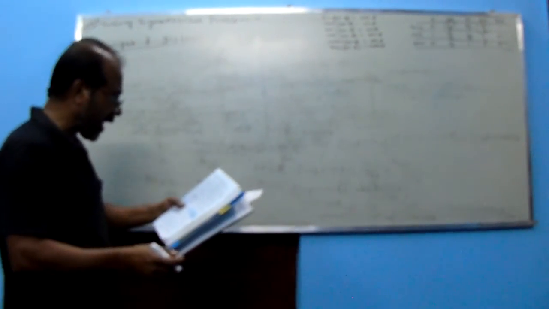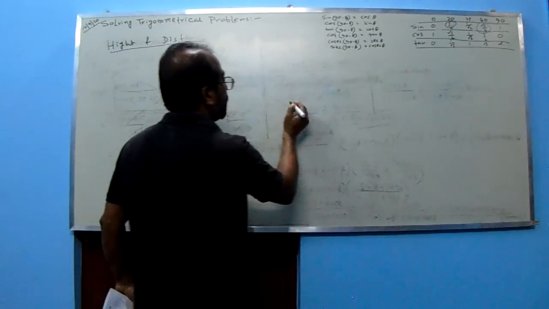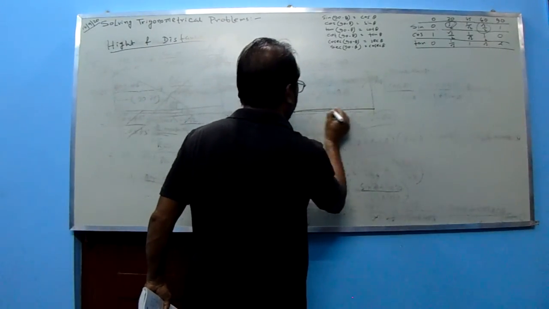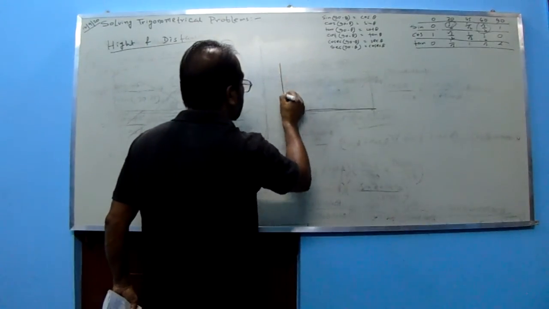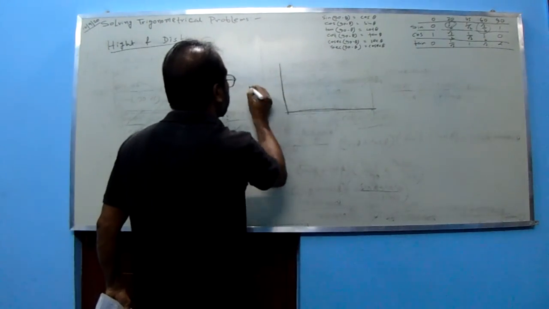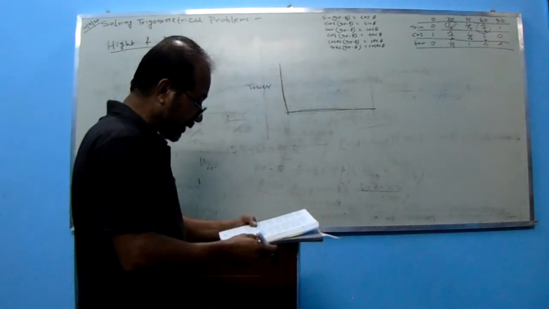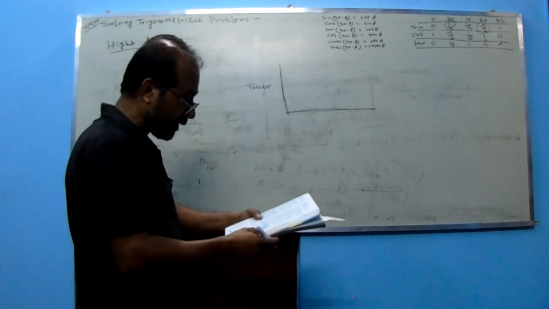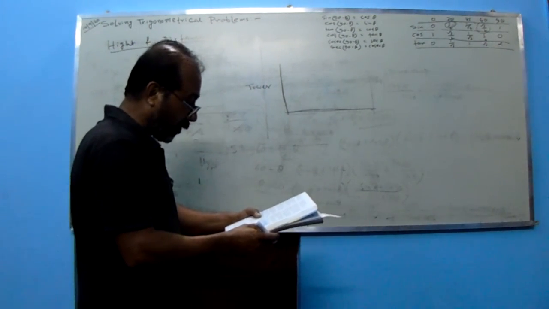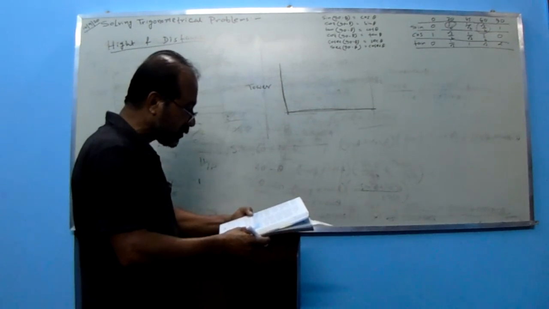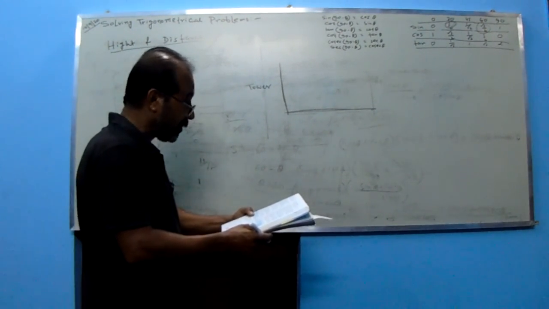The length of the shadow of a vertical tower. Now again, this is the horizontal line and this is a vertical tower. What this says: the length of the shadow of the vertical tower on the level ground increased by 10 meters.